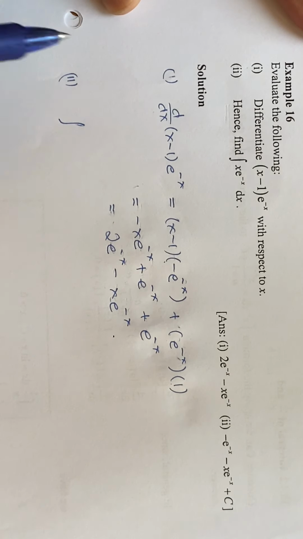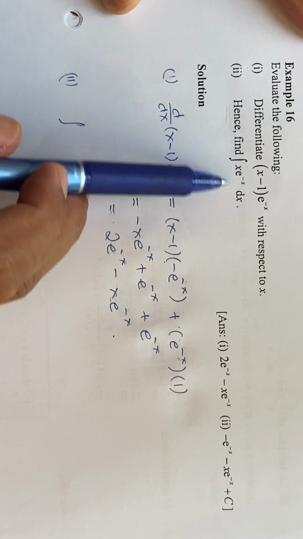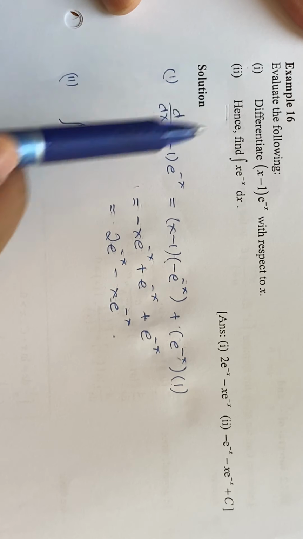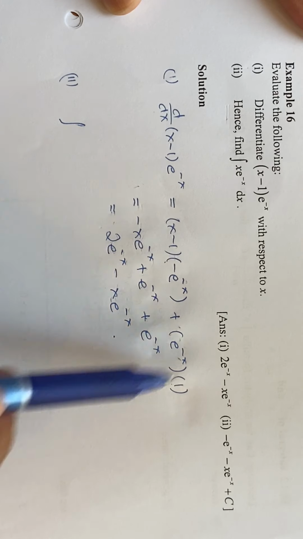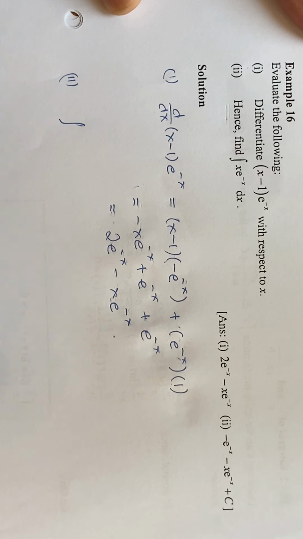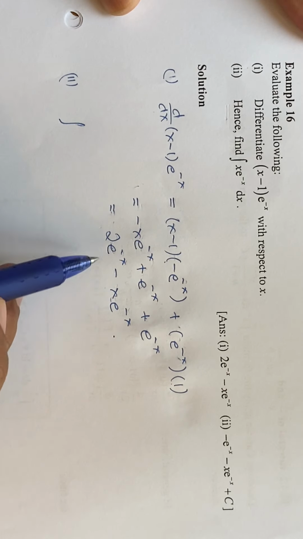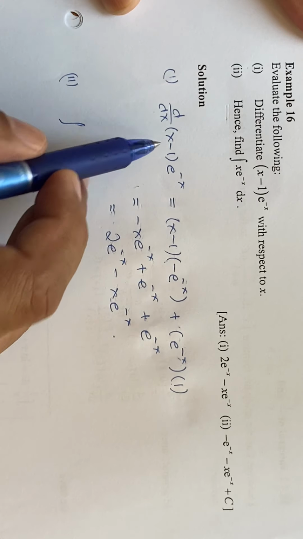Now the second part wants us to integrate this function, and they specify the method to be hence. So we're going to use our answers for part 1 to do part 2. Now if we differentiate this and we get this, therefore if we integrate this, we are going to get back this.